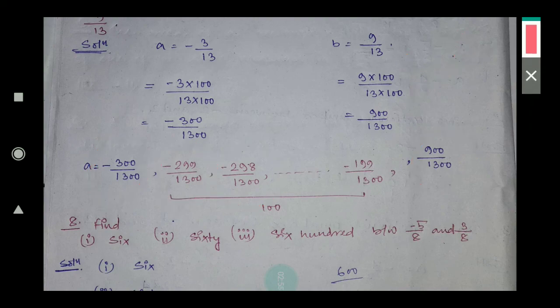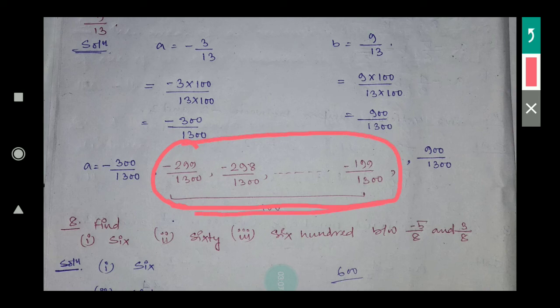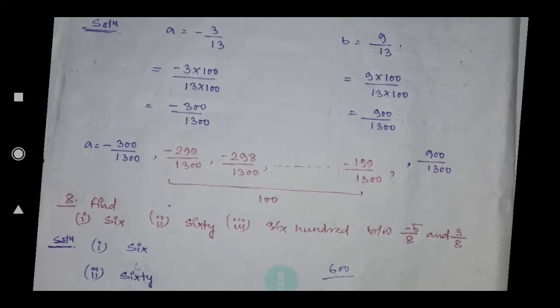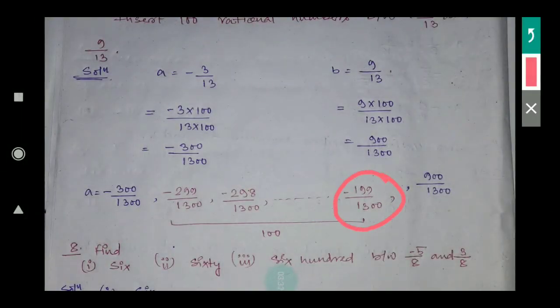So from this one it will start. -299, and how many we need? 100. So if you subtract 100, how many will you get? 199. That means you have to write up to -199 by 1300.